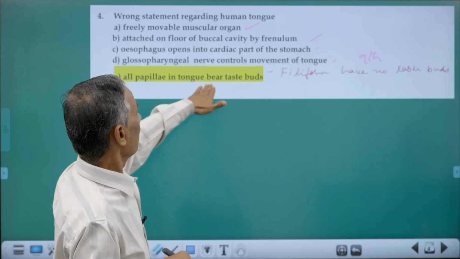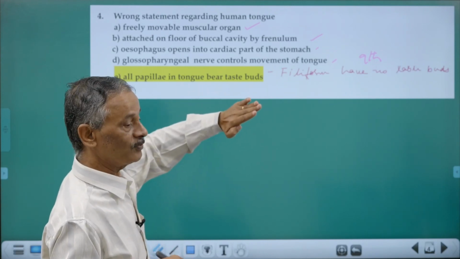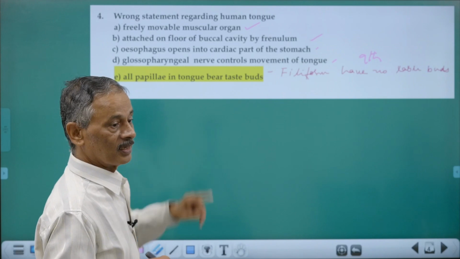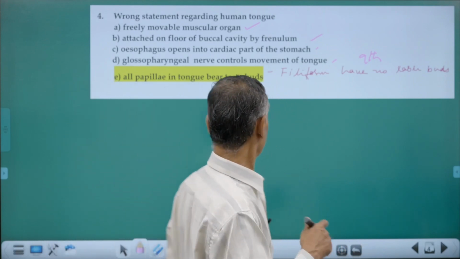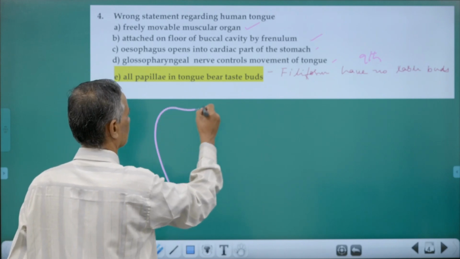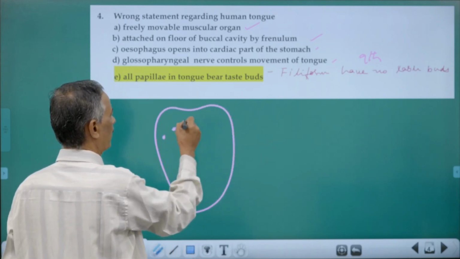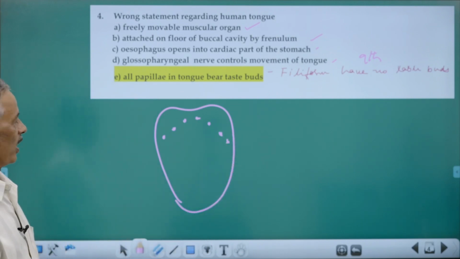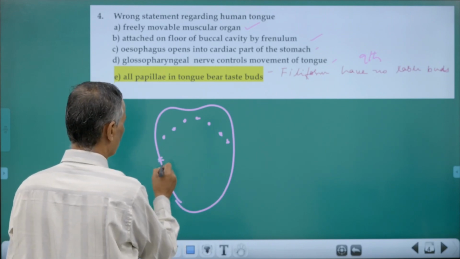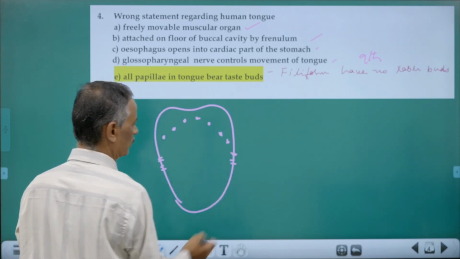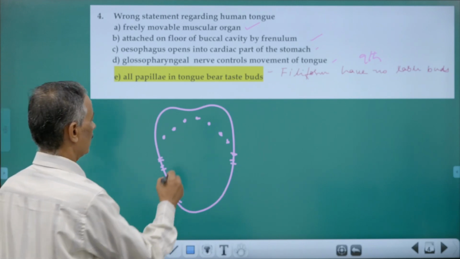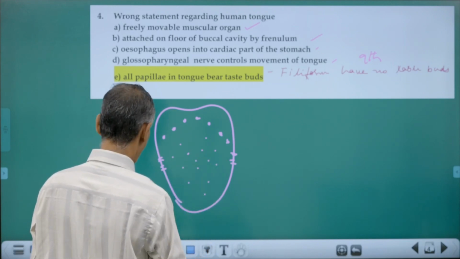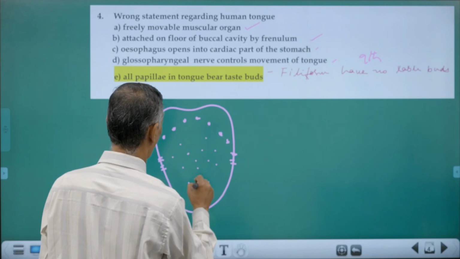All papillae in the tongue bear taste buds. Now, we are having 4 types of papillae. They are circumvallate, here at the back of the tongue, almost like an inverted V. You have very few foliate type on the edges, red flat structures, a large number of mushroom-shaped cushion-like structures called fungiform, and the most abundant is the filiform, filamentous structures.